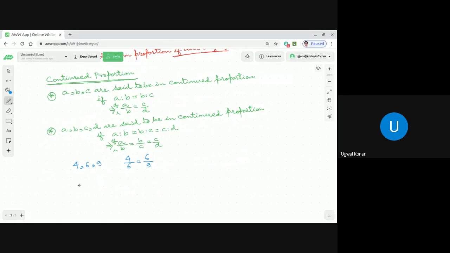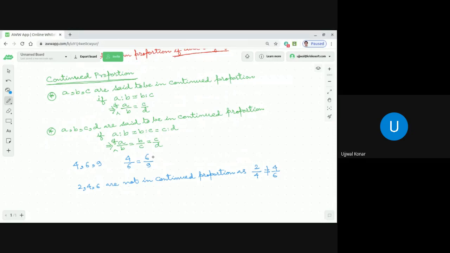But if you see the counter example, 2, 4, 6 are not in continued proportion, as 2 by 4 is not equal to 4 by 6. Hence, they are not in continued proportion.